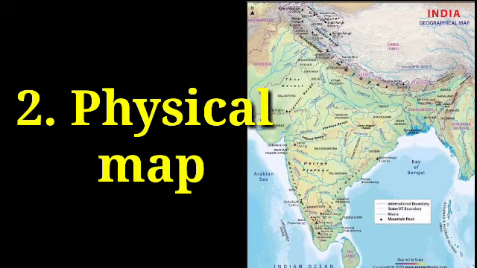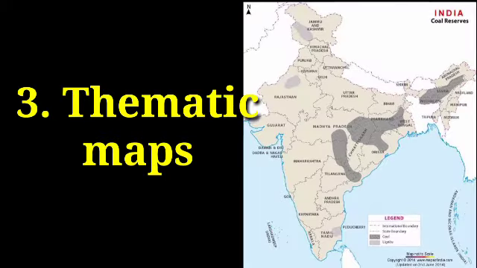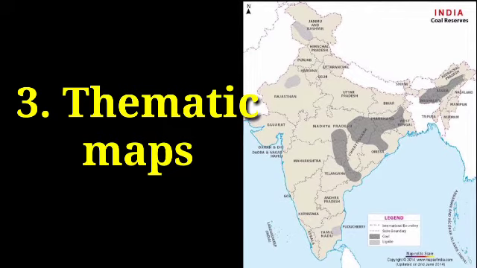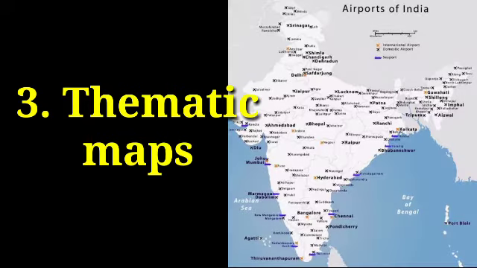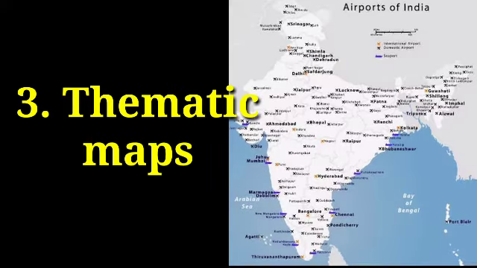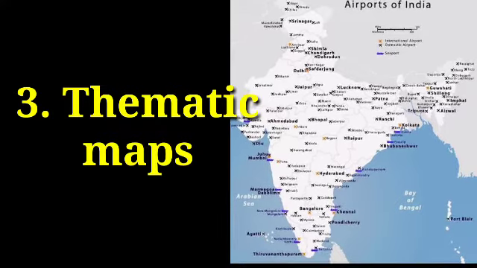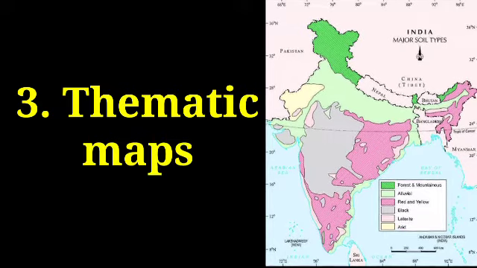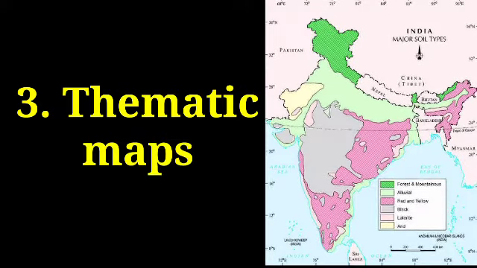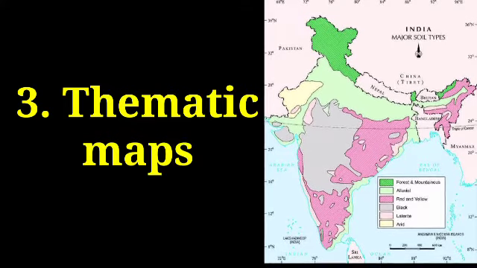And the third category is thematic maps. Thematic maps are those maps which show a particular theme on the earth or any part of the earth, in any area. A particular theme like forest in a particular region, road map, population map, rainfall, soil, crops in any area, and natural resources, minerals.